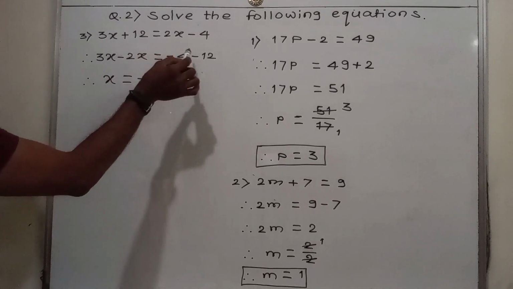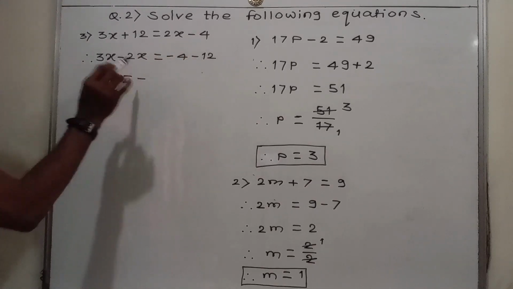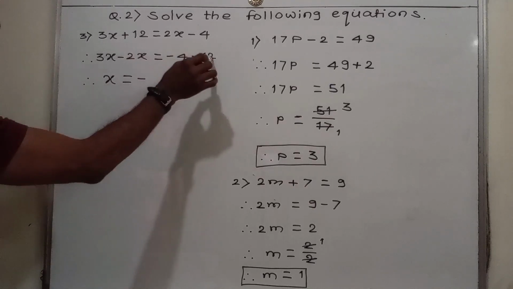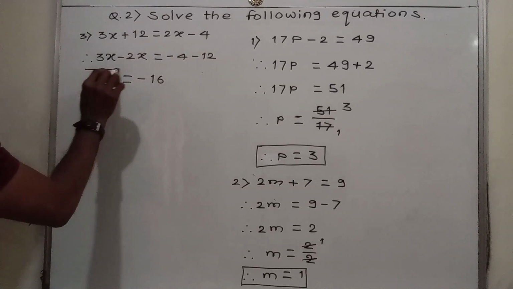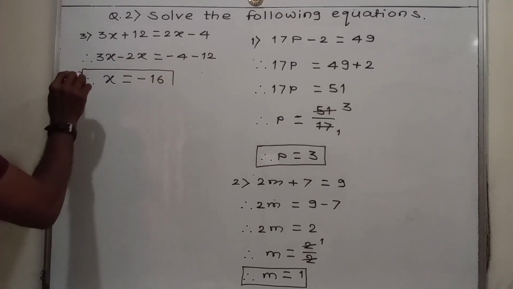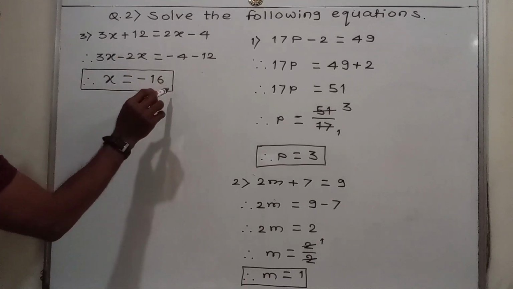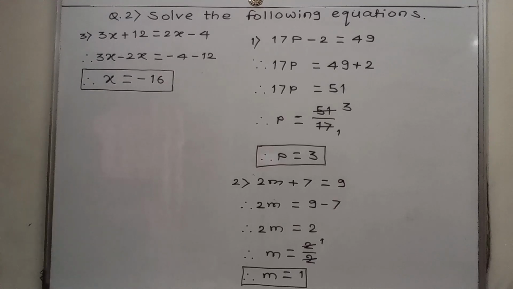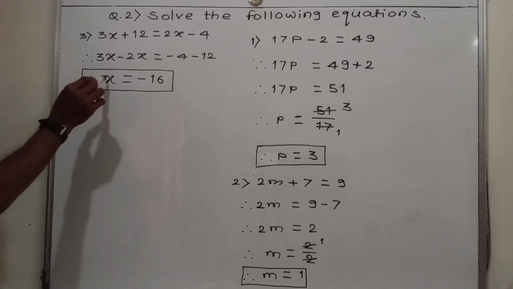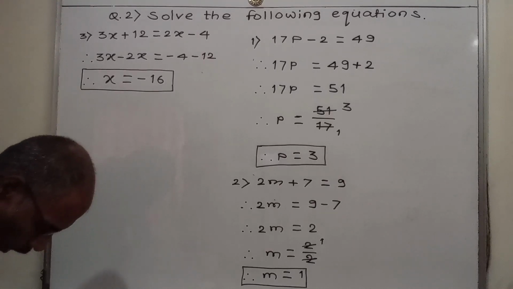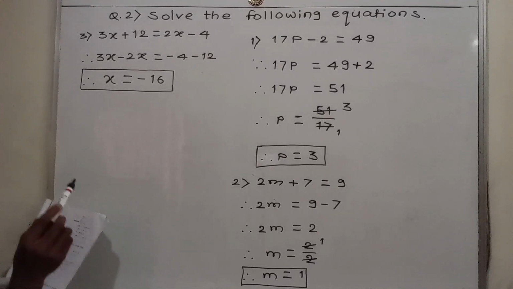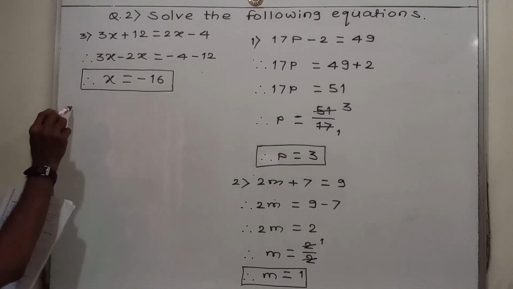So here minus 4 minus 12, give that same sign and add these two numbers. Therefore minus 16, x is equal to minus 16. We want this variable to be positive. I have told you many times.